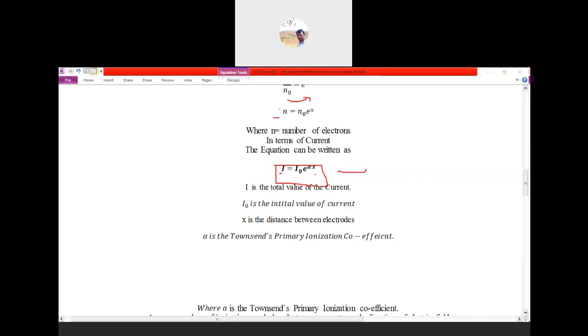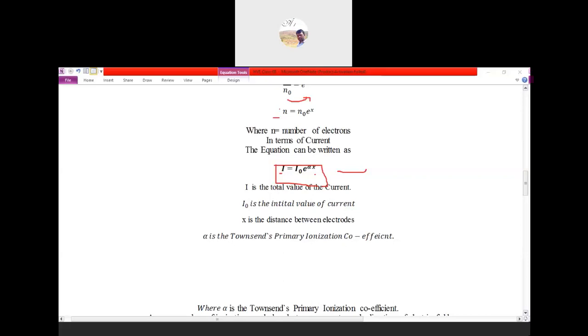Here I is the total current and I naught is the initial current. Alpha is the Townsend primary ionization coefficient, and gamma is the secondary ionization coefficient.